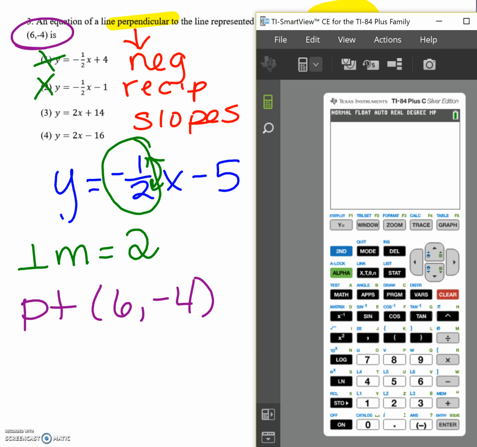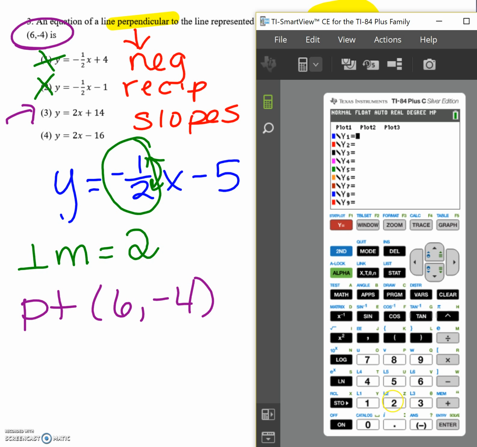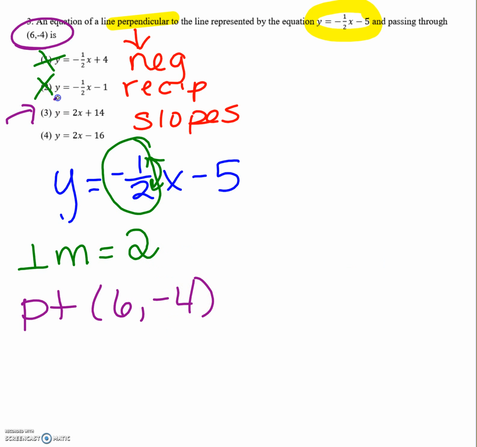So from here, I would go to the calculator and go to y equals. Type in choice 3. So we have 2x plus 14, and go to second graph to pull up the table. I'm going to scroll down to x equals 6, and I should notice that my y coordinate is 26, and a 26 is not our negative 4, so it can't be 3.